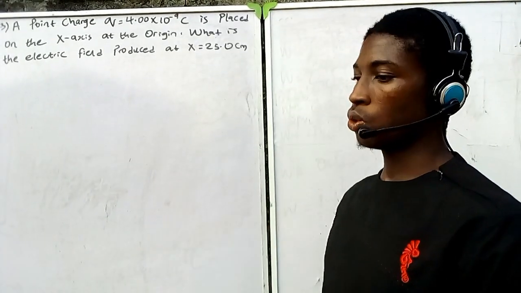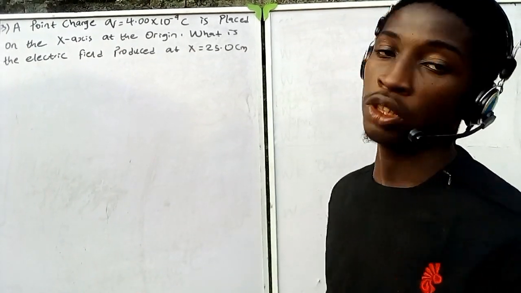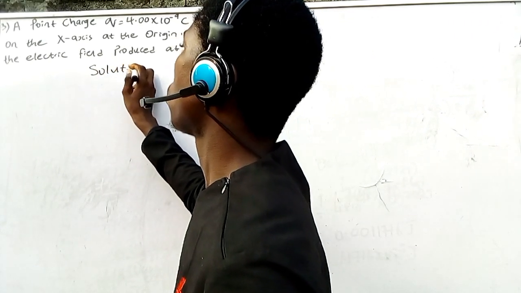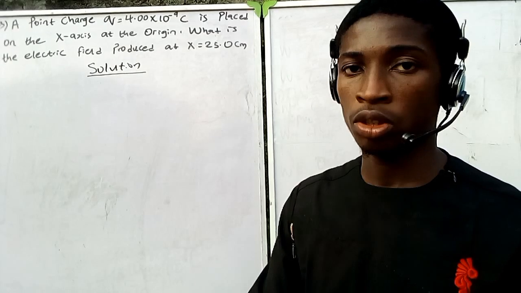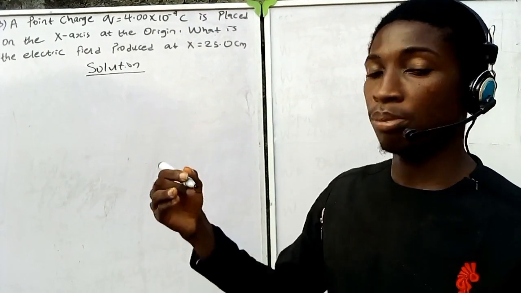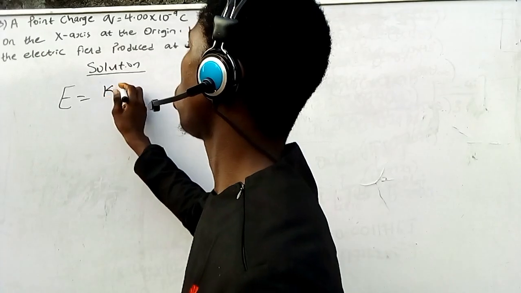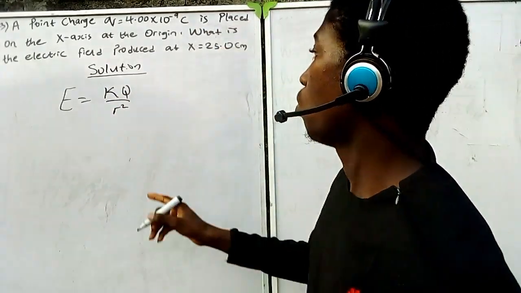It's just that a charge Q is on the x-axis. So the solution: this is just the formula used for the electric field when a charge is emitting an electric field, which is E equals KQ over R squared. That is all. What is our charge?